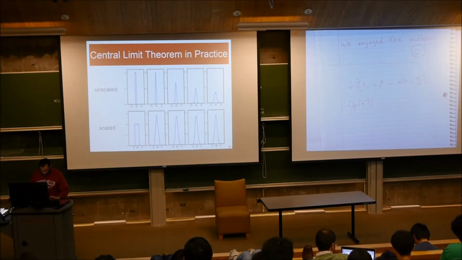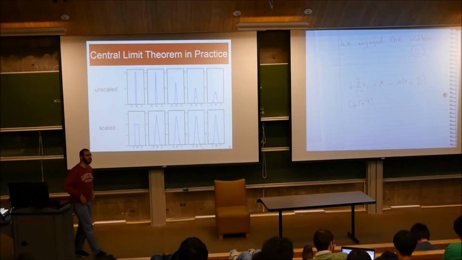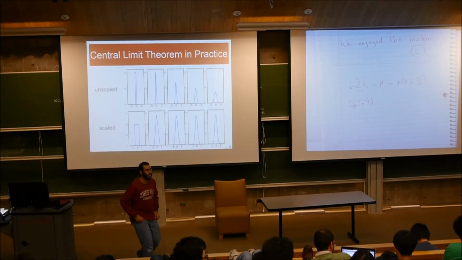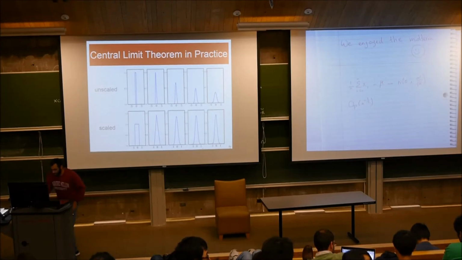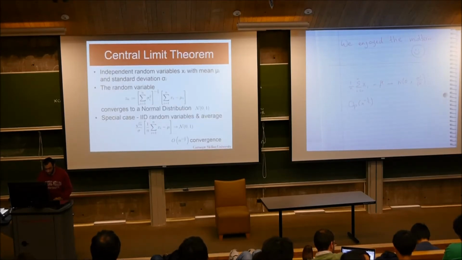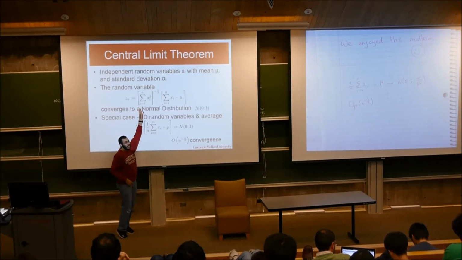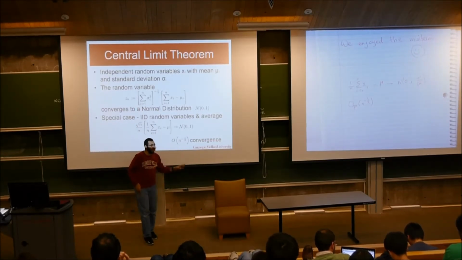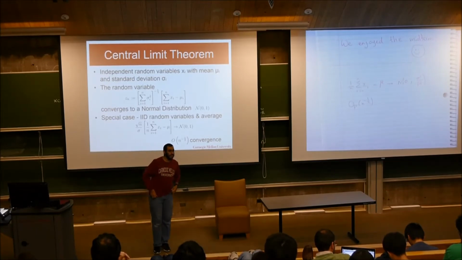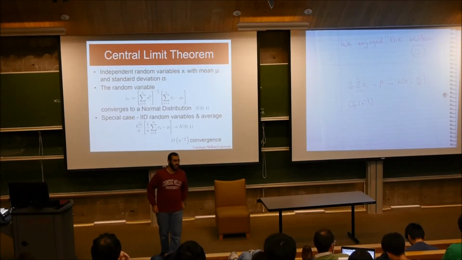Okay, cool. So now we've seen how well empirical averages converge. Yes? On the previous slide, the sum from 1 to n, is n the number of data points? Yeah. So each data point has a mean and standard deviation? Yes. This is the general formulation, and here we assume that each data point comes from the same distribution, so you have the same mu and the same sigma.